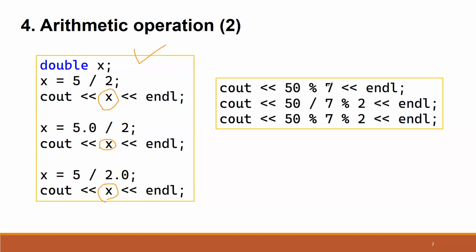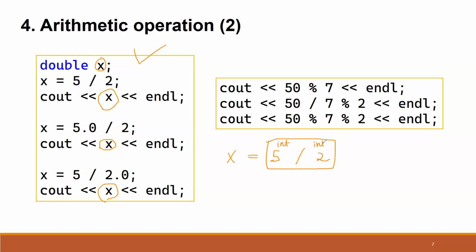Guys, look at this one. You should be careful with the data type. X is double. X is 5 divided by 2. I told you that at first the computer will calculate the right-hand side. 5 is an integer, 2 is an integer.